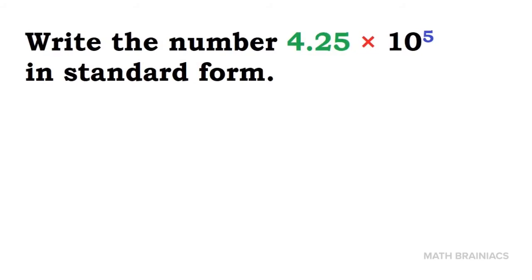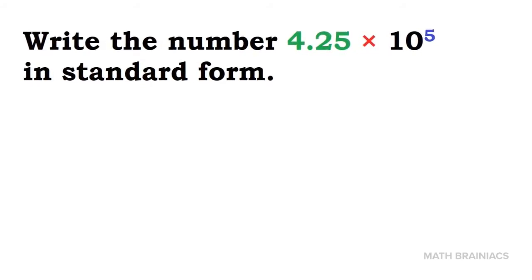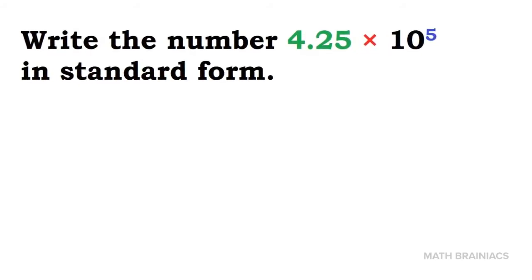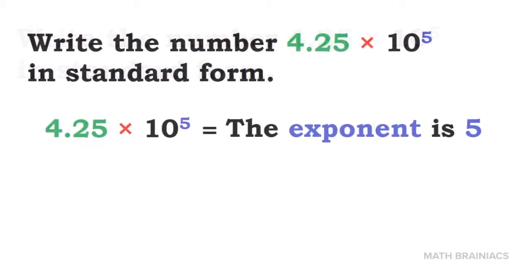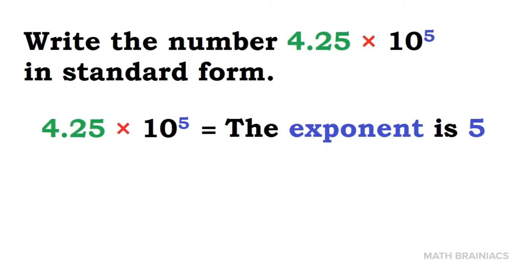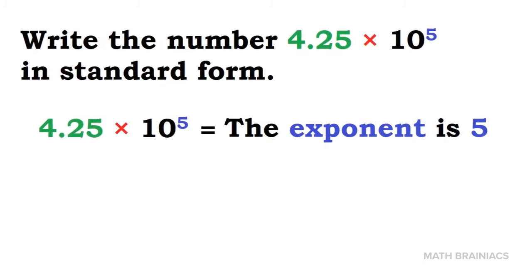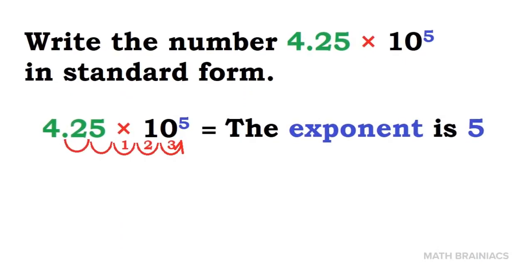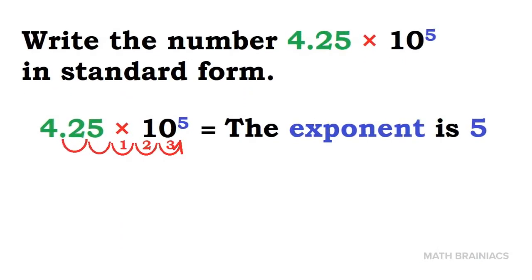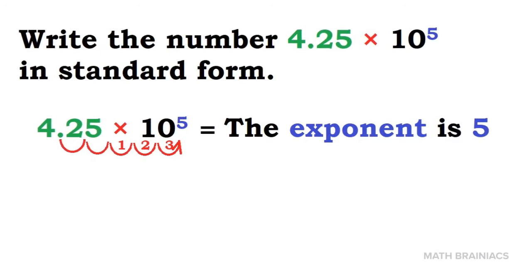Let us work on this example so that you will be guided. Write the number 4.25 times 10 to the power of 5 in standard form. I want you to take note of the exponent. The exponent is 5 and it is positive. Accordingly, that means you are going to move the decimal point 5 places to the right.